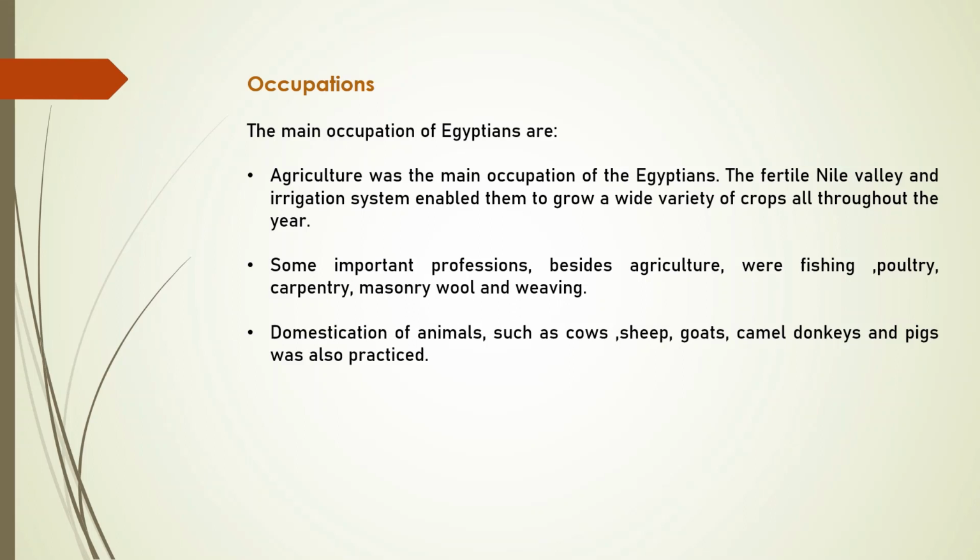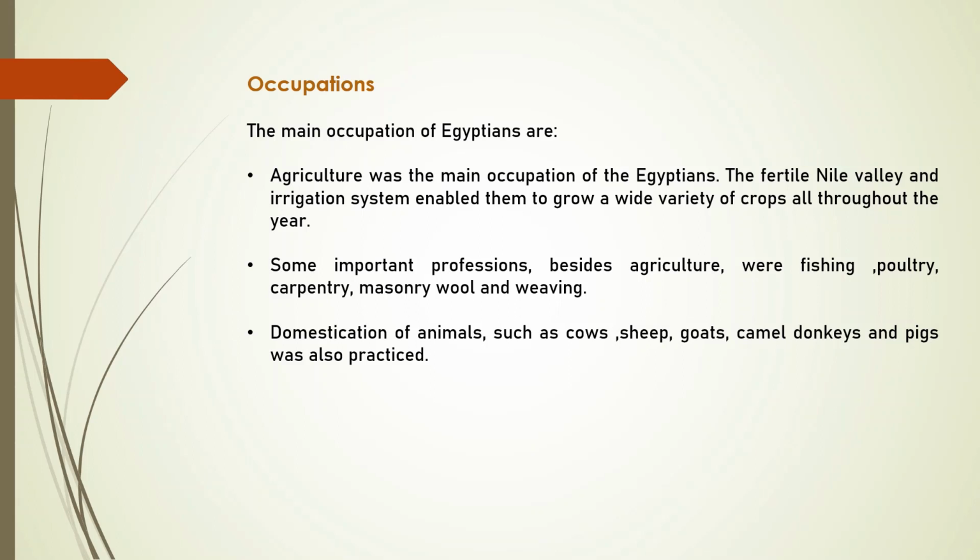Some important professions besides agriculture were fishing, poultry, carpentry, masonry, wool, and weaving. Domestication of animals such as cows, sheep, goats, camels, donkeys, and pigs was also practiced.